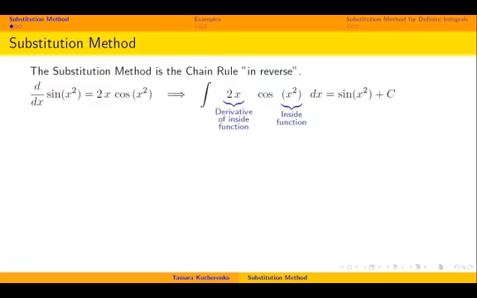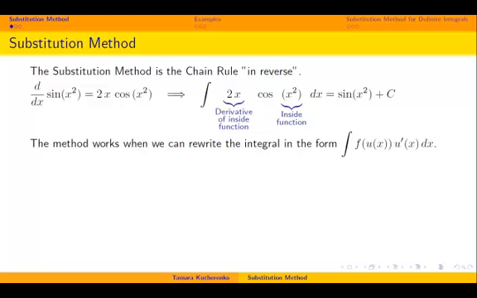In general, this method works when we can rewrite the integral as an integral of a product of a composite function f of u of x and the derivative of the inside function u prime of x.